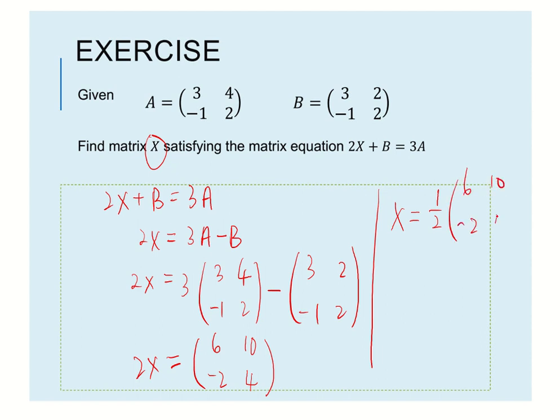So we have 1 over 2 multiplied by 6, which is 3, and 1 over 2 multiplied by 10 is 5, 1 over 2 multiplied by negative 2 is negative 1, 1 over 2 multiplied by 4 is 2. Therefore the matrix X is 3, 5, negative 1, 2. So this is the matrix X.